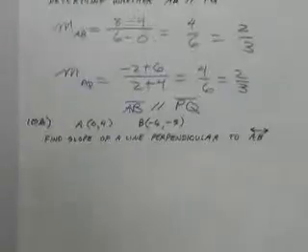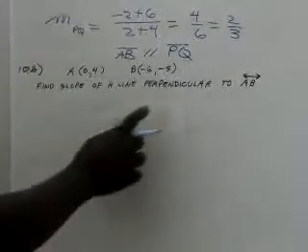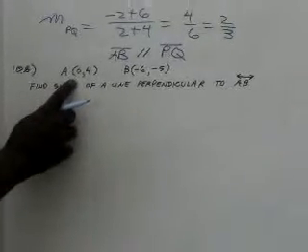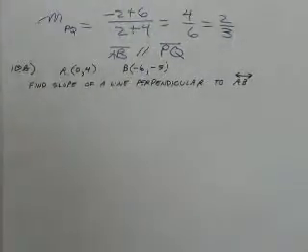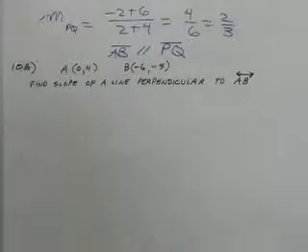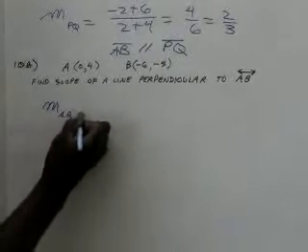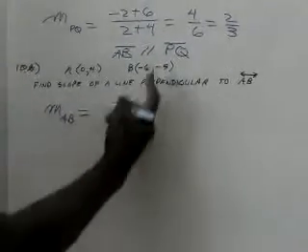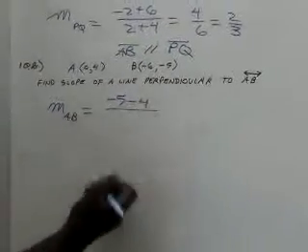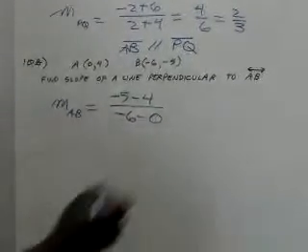Problem 10b, we want to find the slope of a line that's perpendicular to line AB, where point A has coordinates 0, 4, and B is -6, -5. Well, let's find the slope of line AB first. The slope of line AB, -5 minus 4 on top, -6 minus 0 on the bottom.